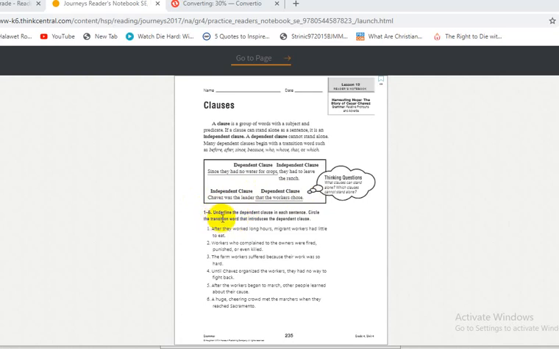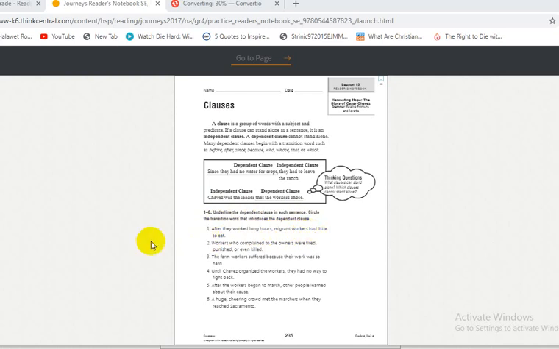Numbers 1 to 6. It says underline the dependent clause in each sentence. Circle the transition word that introduces the dependent clause. So, number 1. After they worked long hours, migrant workers had little to eat.